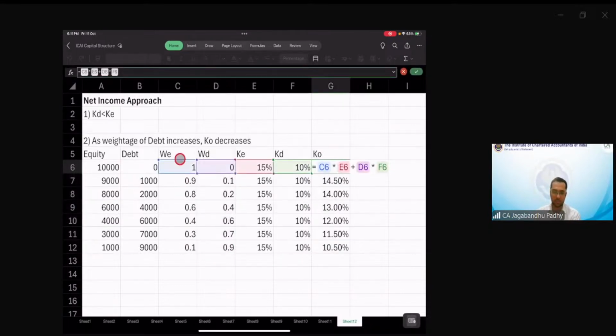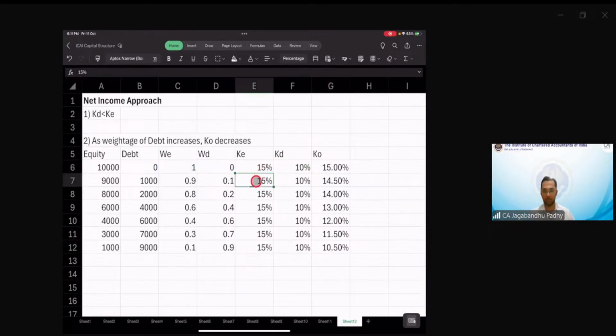It's weight of equity into cost of equity plus weight of debt into cost of debt. Is it clear? So can I say as the weightage of debt increases, the overall cost of capital is reducing. So this first point is definitely very much valid. As weightage of debt increases, KO is decreasing. That is very much valid.